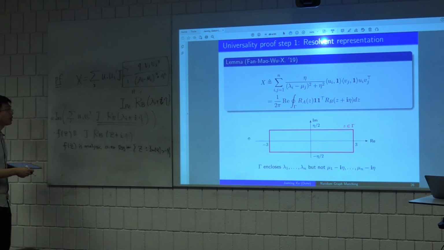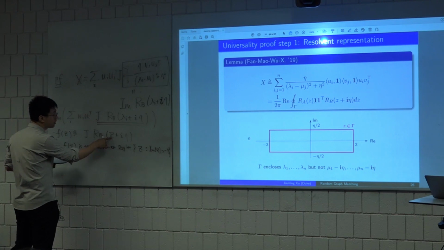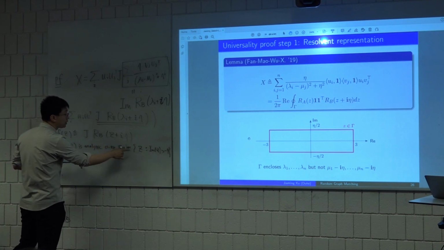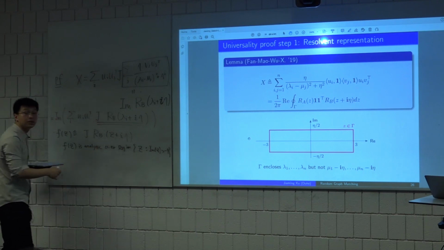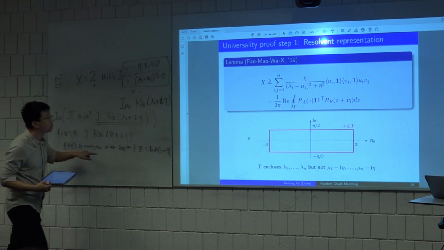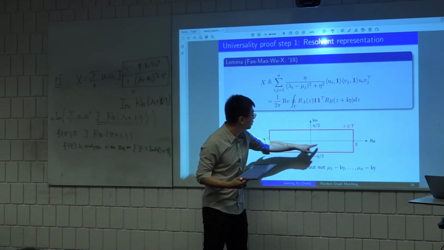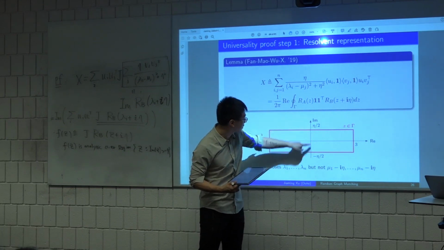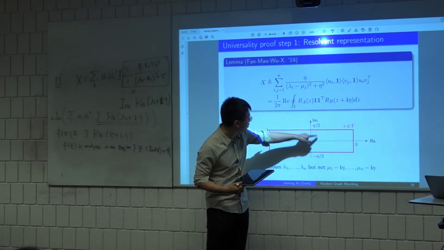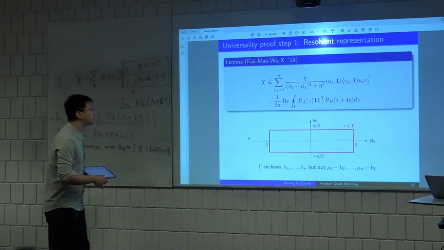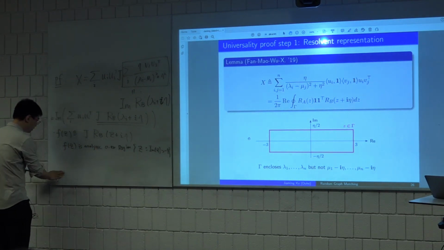Because this will make sure that the imaginary part will not cancel this. So in particular, this part will be analytic in this entire region enclosed by this contour, because look at eta over 2. This is the reason why I pick eta over 2 and minus eta over 2 here. And then because of this, I can use the contour integral.